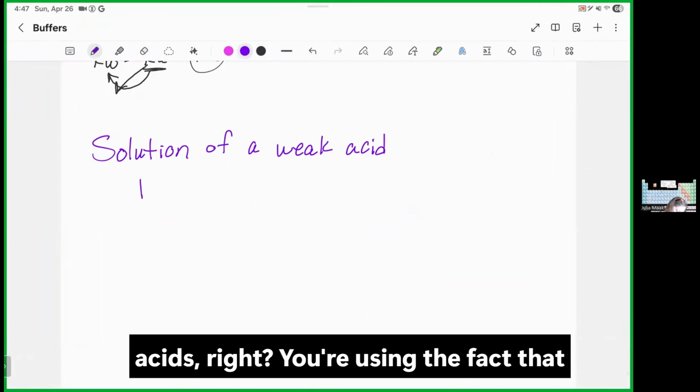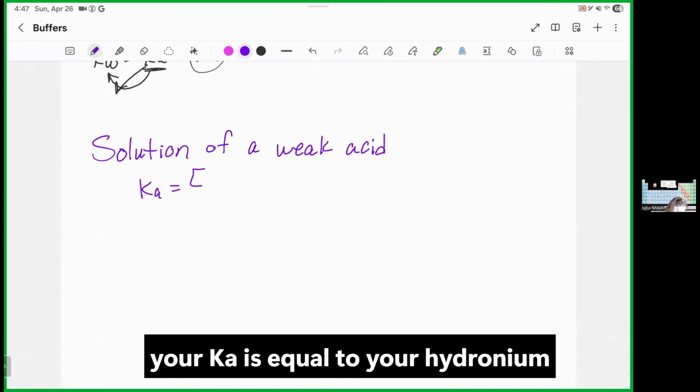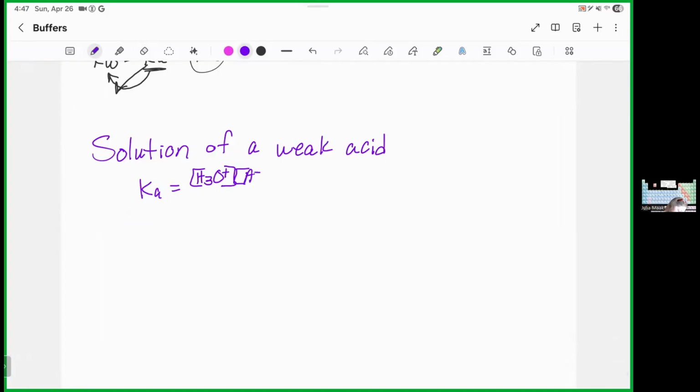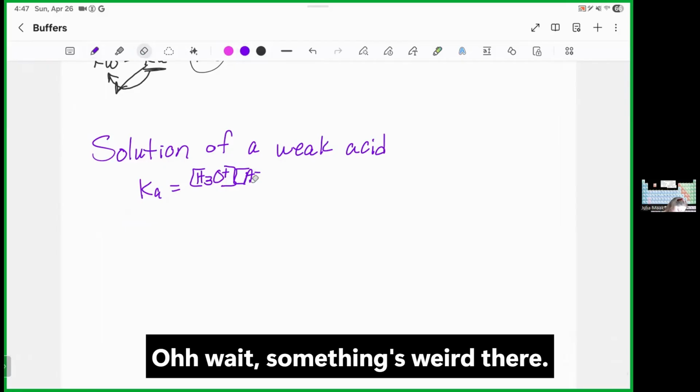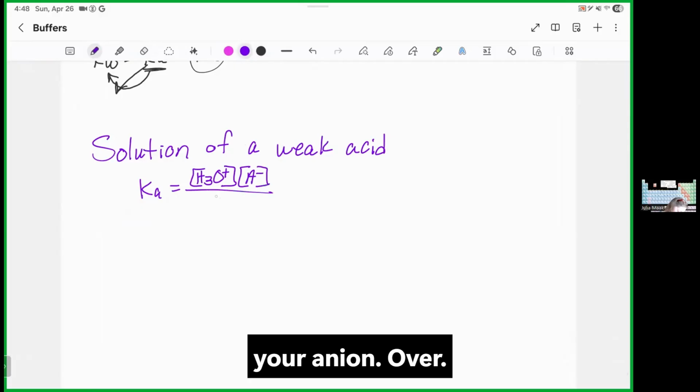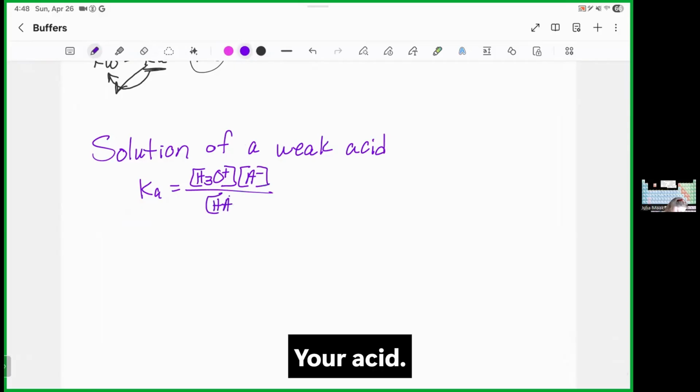You're using the fact that your Ka is equal to your hydronium ion times your anion over your acid.